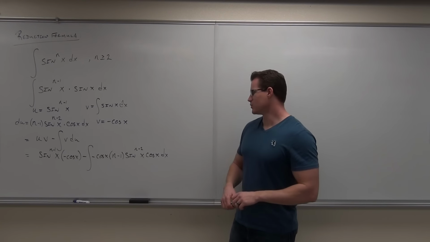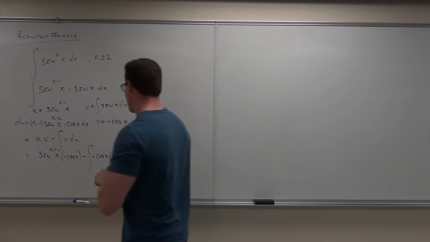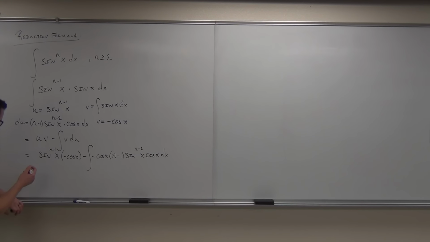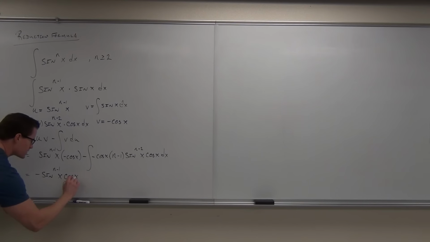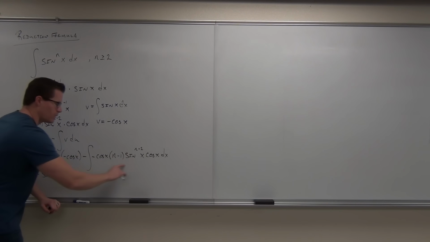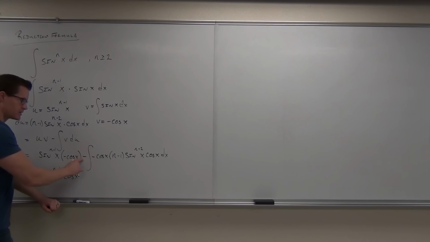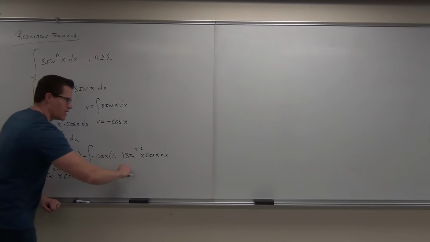I'm going to clean it up just a little bit. So what we're going to do is probably pull the negative out front. Negative sine to the n minus 1 x cosine x. Tell me what happens here. It becomes a positive, because minus and negative is going to become a plus. Also, one of these things is a constant.